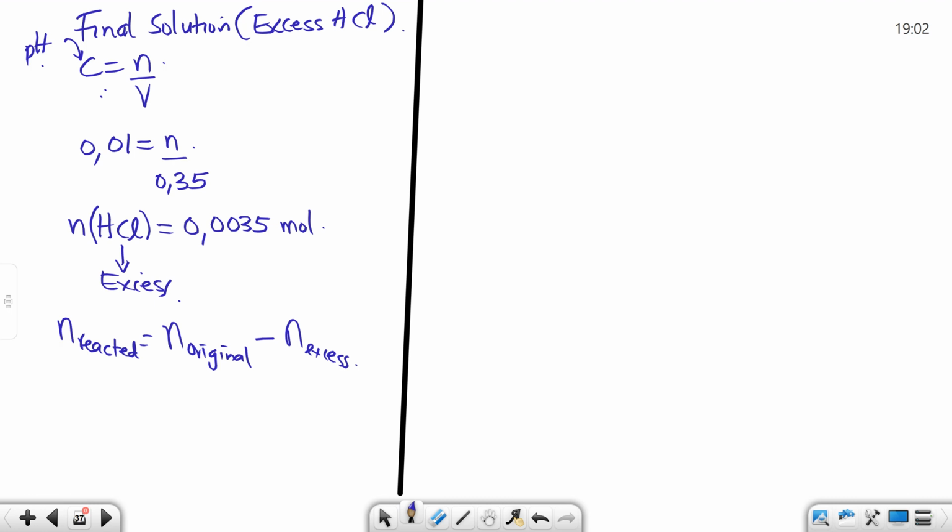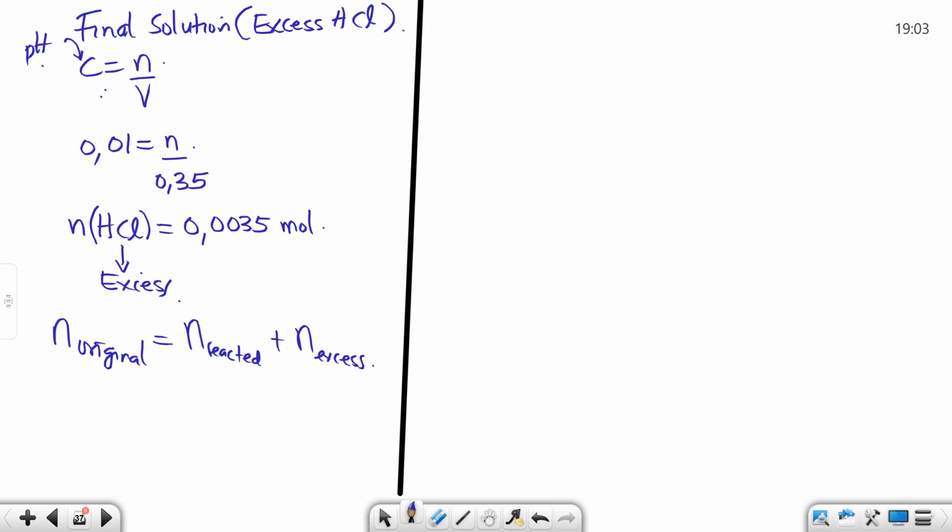It is the original that we used, and then we have the remaining. Original is equal to what we used and what was remaining. Okay, maybe if I write it this way, it will make sense. Let's say N original is equal to number of moles that reacted plus the number of moles that is in excess. Does that make sense to you?